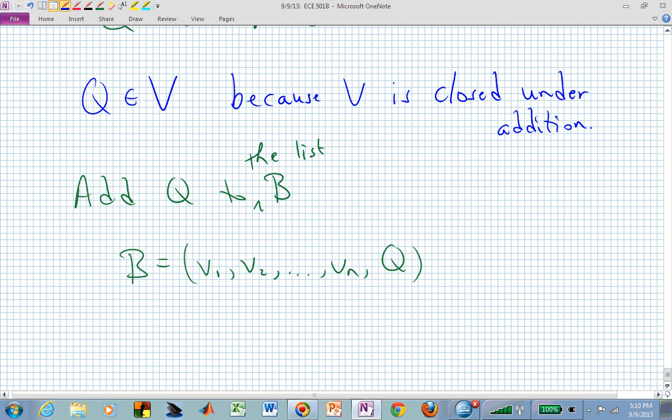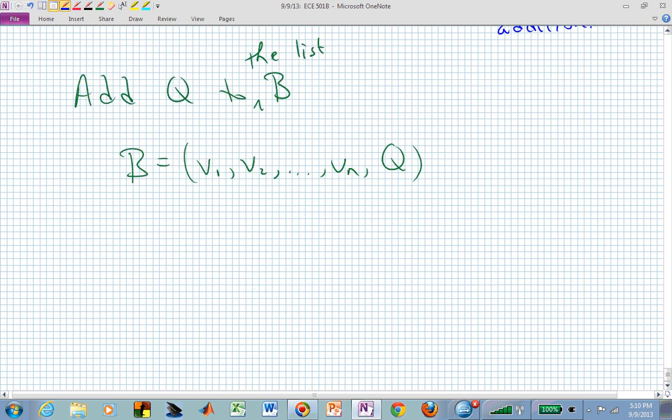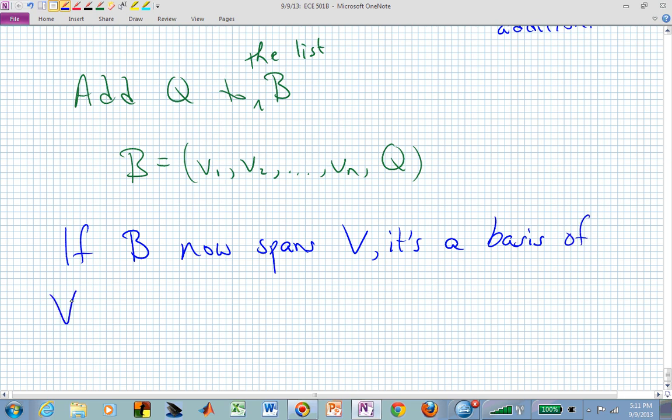Maybe we weren't very judicious in our choice of U in the first time that we were trying to pick a new element in V. So now we have B. If B now spans V, that's going to give us a basis of this vector space V, and we're done.